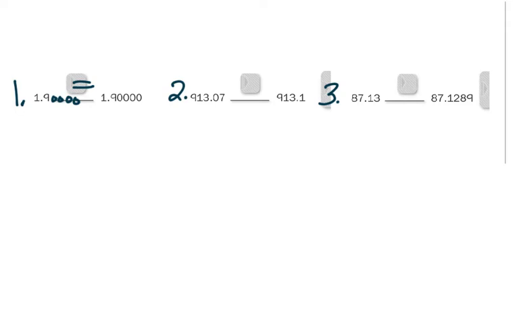Number 2, 913 and 7/100 is less than 913 and 1/10. The first place they're different is in the tenths, and 0 is less than 1. And number 3 is greater than. 3 in the hundredths place is greater than 2 in the hundredths place.